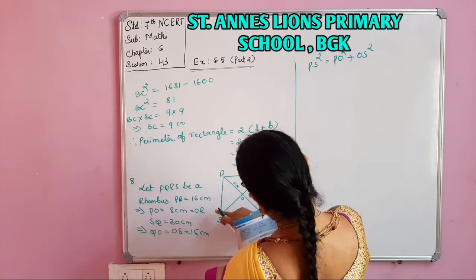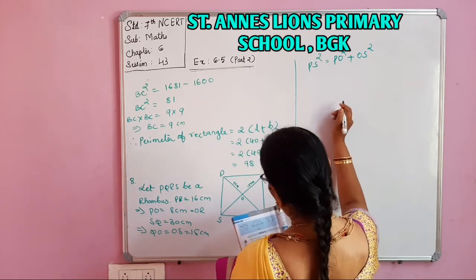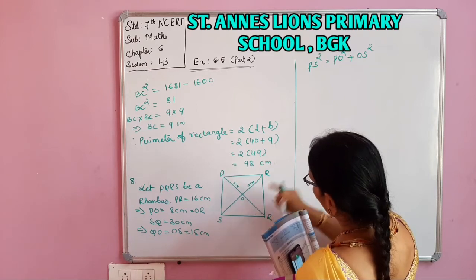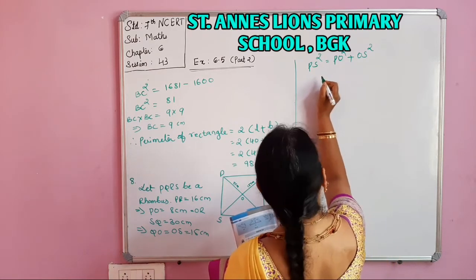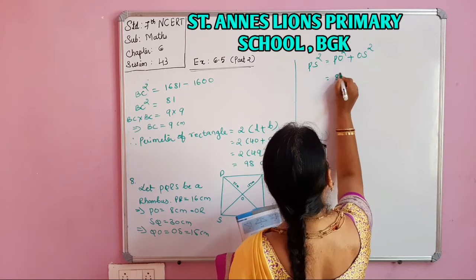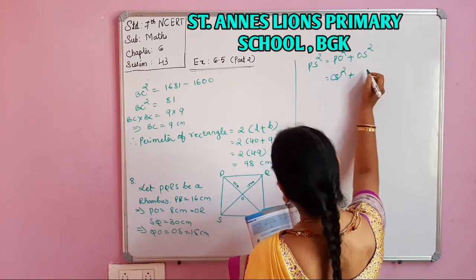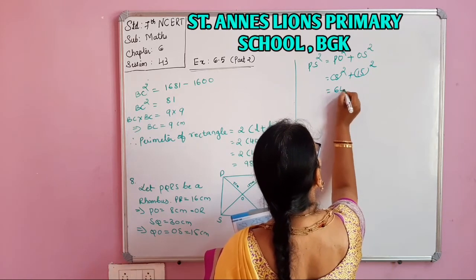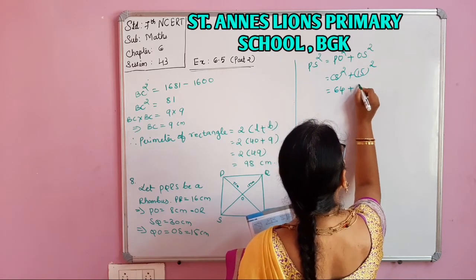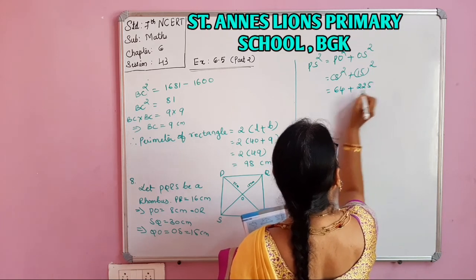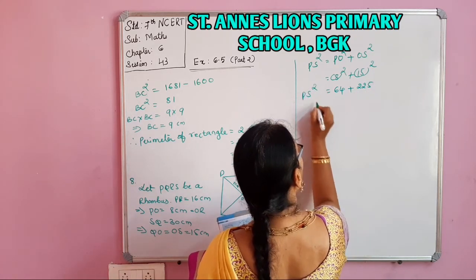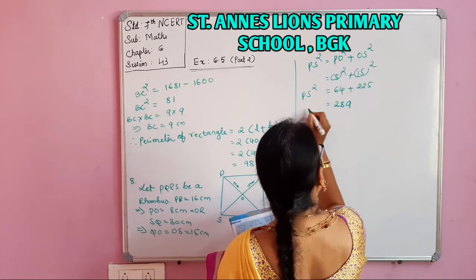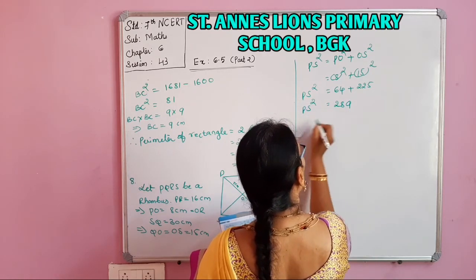We have to find out PS now, because we want the perimeter. Perimeter means these sides must be found out. What is PO? 8 square. What is OS? 15 square. 8 square is 64, and 15 square is 225. So PS square is equal to 289.